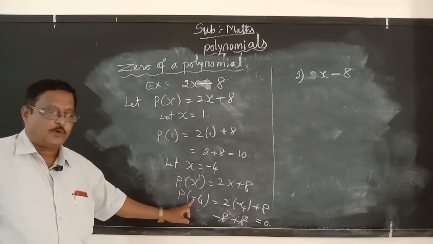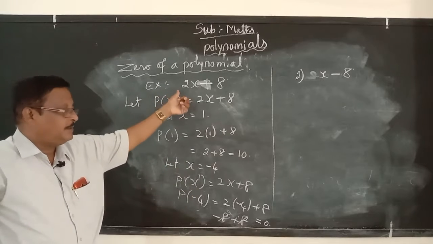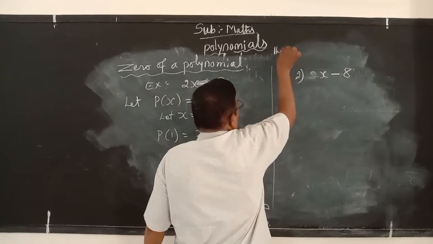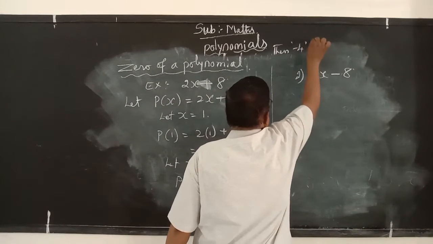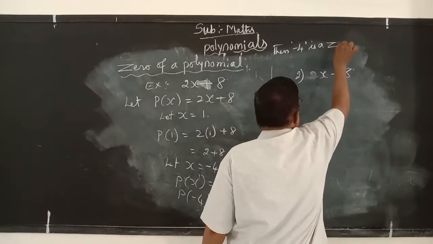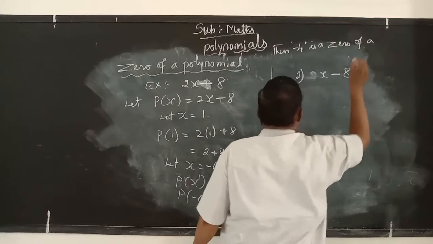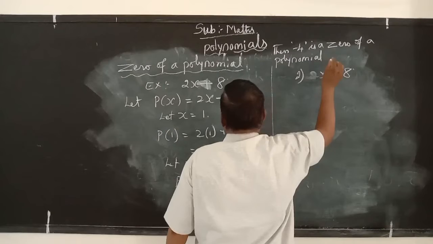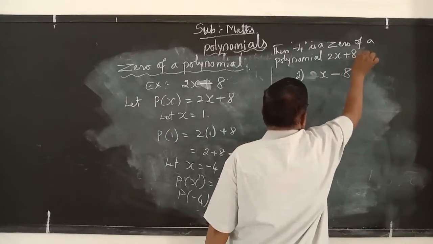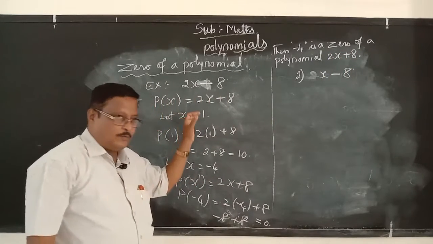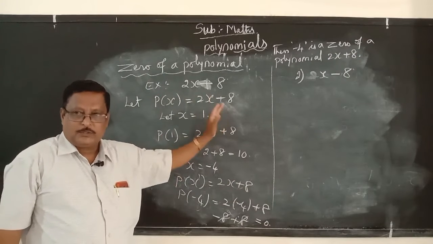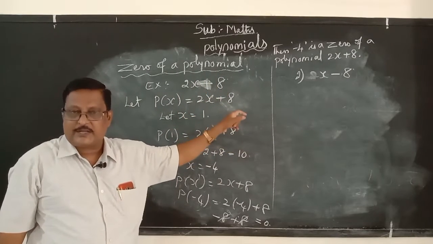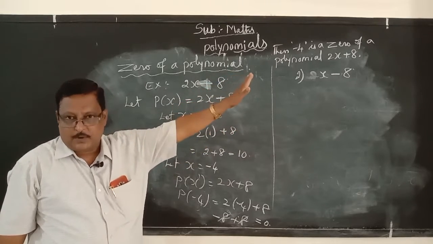Then minus 4 is a zero of the given polynomial 2x plus 8. It means for any assigned value the polynomial is equal to 0, then that assigned value is called a zero of the polynomial.